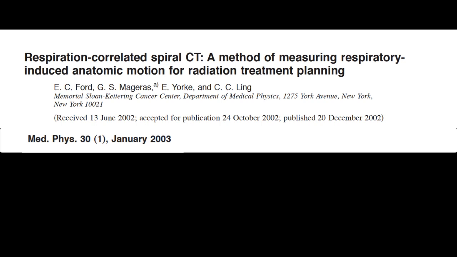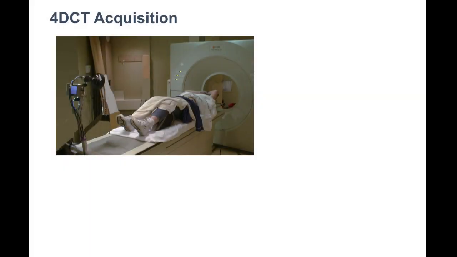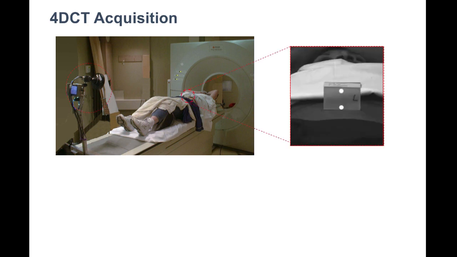So let me walk through how this is done, starting first with the acquisition of the 4D CT scan. You start with some way of measuring respiration. In this system I'm showing here, you have a camera mounted on the CT couch that's viewing a block placed on the abdomen of the patient, and there are infrared markers in that block, and the camera tracks those markers as the patient breathes.